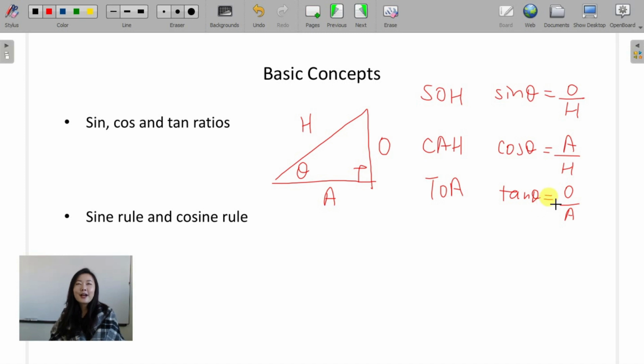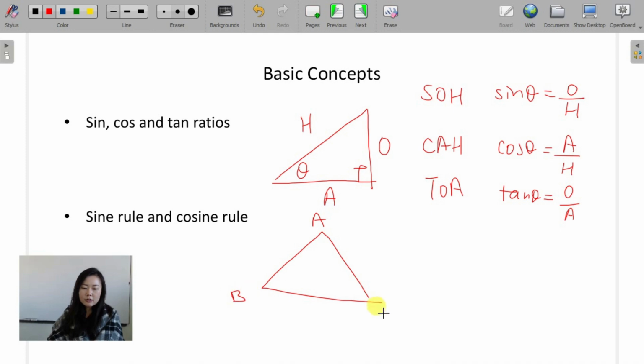And then you've got the sine rule and the cosine rule. The sine rule is a ratio between the side lengths and the angles in triangle ABC.